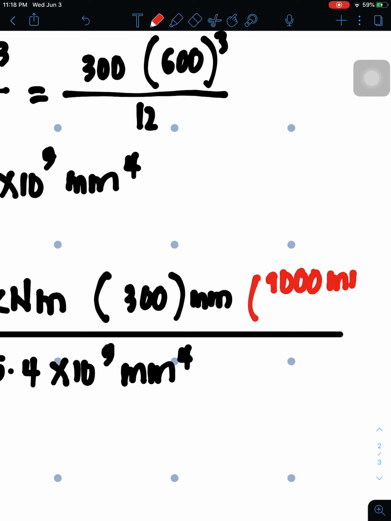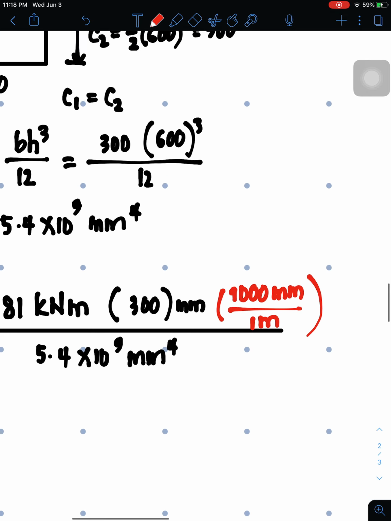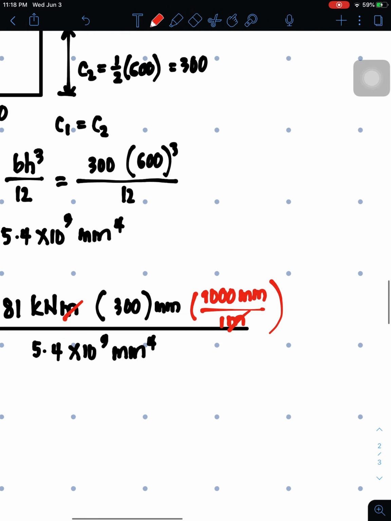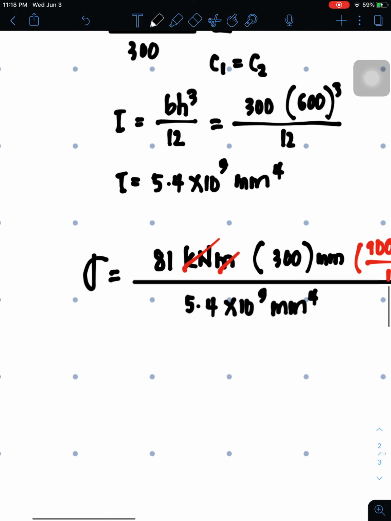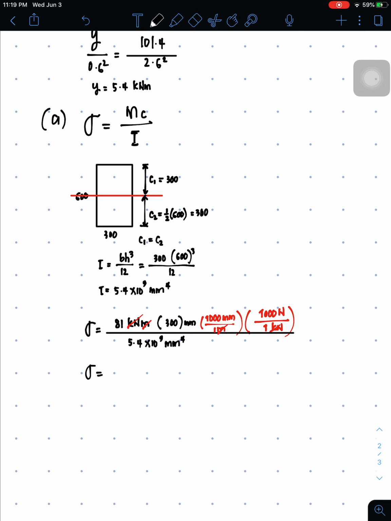So we're having 1,000 millimeters over 1 meter para ma-cancel out ning 1 meter dira. And also, you will have another 1,000 newtons for 1 kilonewton. So para ma-cancel out ang kilonewtons. And this is your flexure at 2 meters.